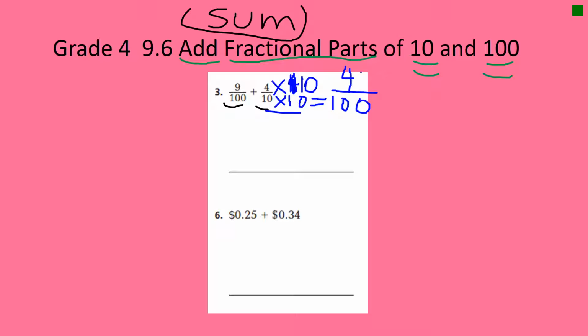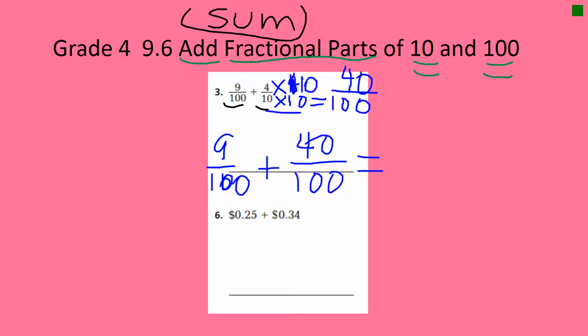No. So instead of 9 hundredths plus 4 tenths, now we're dealing with 9 hundredths plus 40 hundredths. Okay? So the 9 hundredths, we don't have to do anything to that because that denominator was already 100. So we add 9 plus 40, we get 49 over 100.